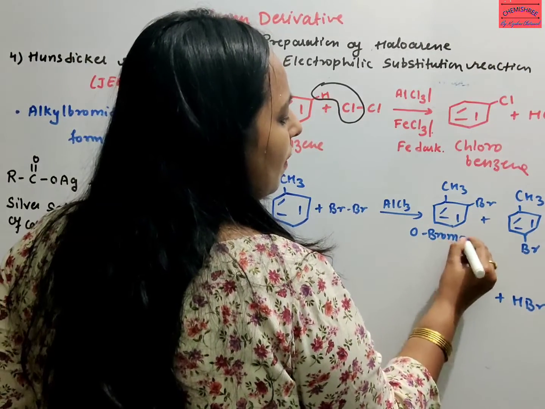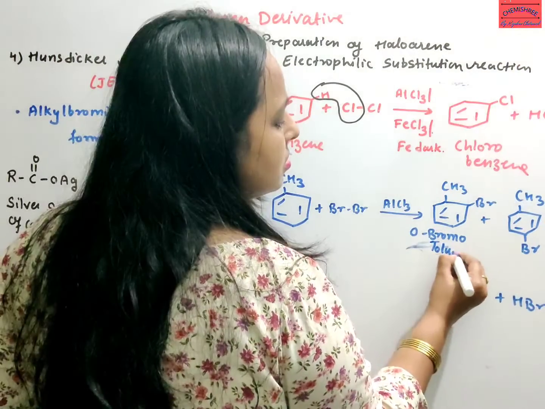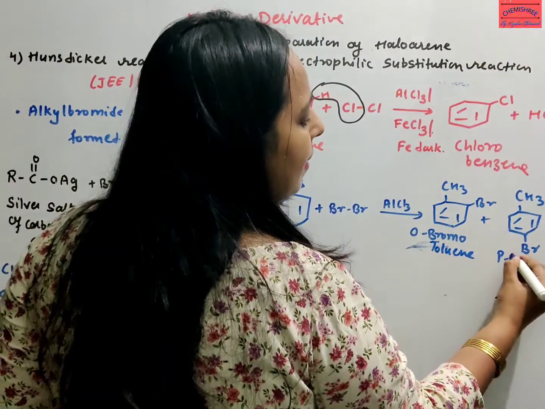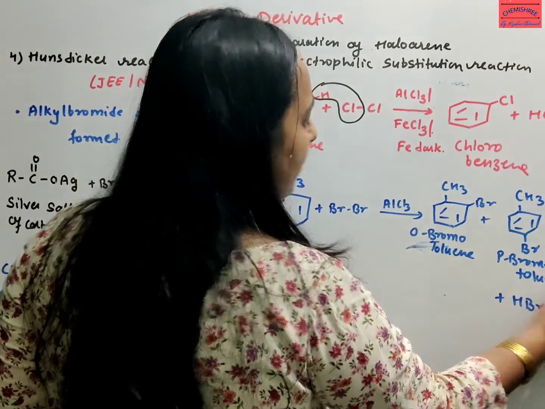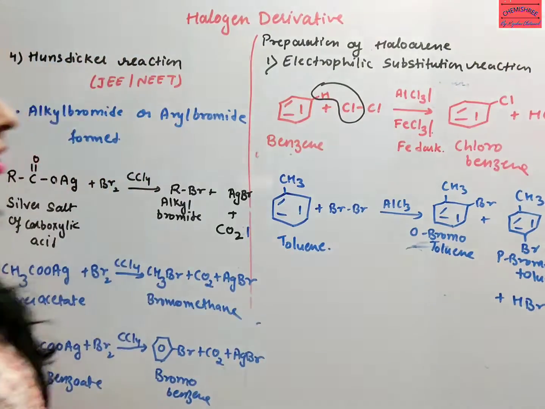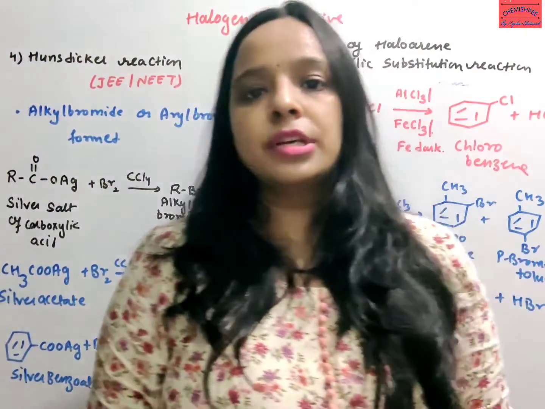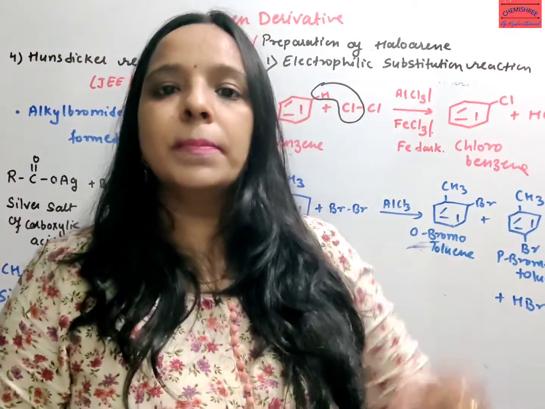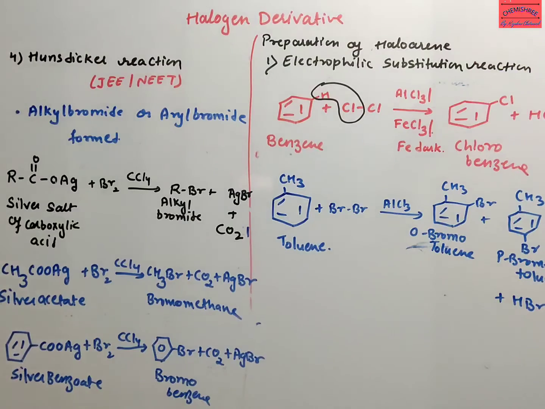Ortho-bromotoluene and para-bromotoluene. So you can also make other aromatic haloarenes by the method of electrophilic substitution reaction. This is the first method for the preparation of haloarene. Please write down this method.